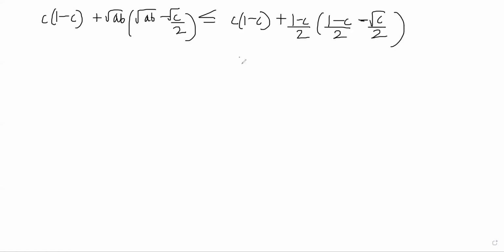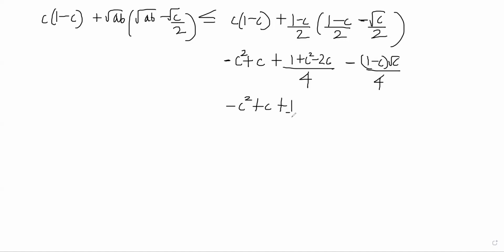And this became c square minus c square plus c plus 1 plus c square minus 2c by 4 minus 1 minus c root c by 4. So this became minus c square plus c plus 1 by 4 plus c square by 4 minus c by 2 minus root c by 4 plus c root c by 4, right?